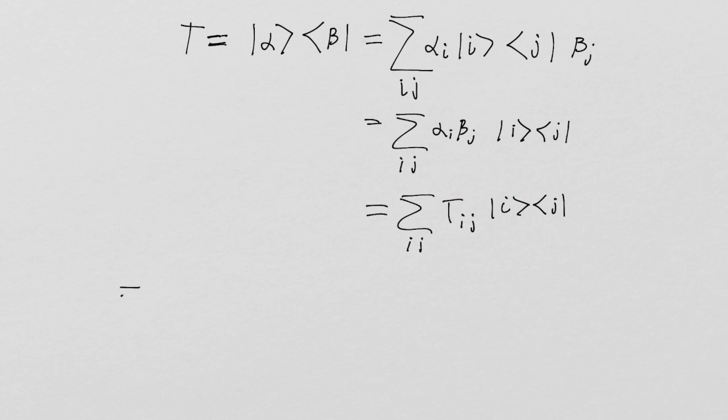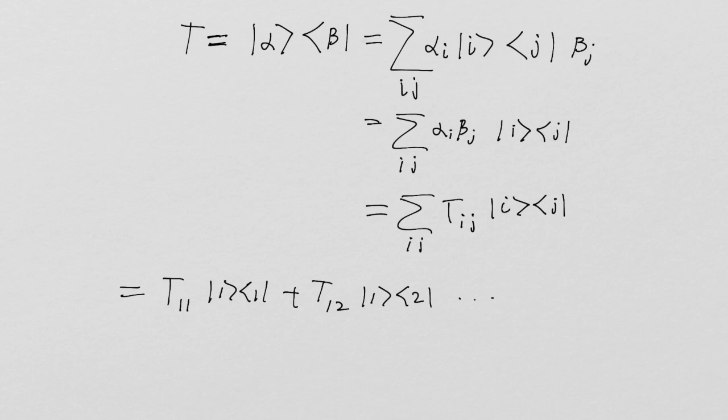So this is what it's supposed to look like: T_11 outer product of |1> with <1|, plus T_12 outer product of |1> with <2|, etc., etc. And there you have it.